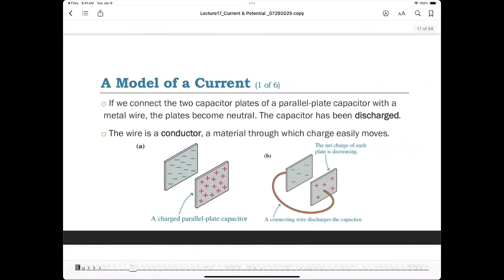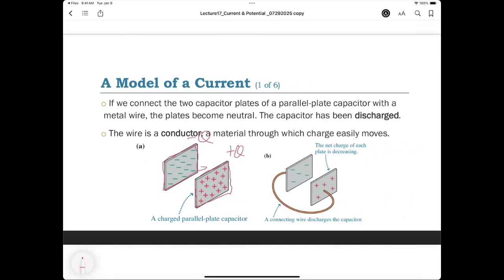For the model of a current, if we connect two plates of a parallel plate capacitor with a metal wire, this one is negative and this one is positive. If they are not connected, this is positive Q and this is negative Q, and they will remain in a stable condition.